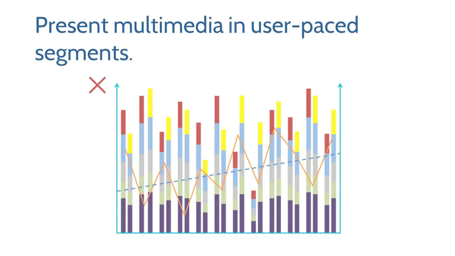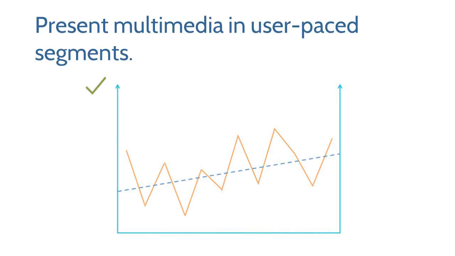What we do not want to do is present information too quickly or pack too much information together. Instead, we want to present content in user-paced segments. We want to ensure we are giving learners time to process information and essentially give their brains a break. Organizing content into nuggets of material supports the brain's ability to do the work that is required of learning, or allows germane cognitive load to take effect.